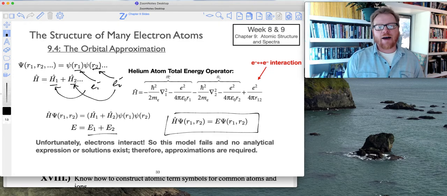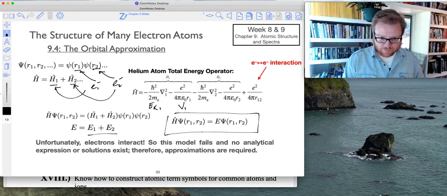Well, for electron number 1, we would have a kinetic term, so I'll abbreviate that by saying EK for electron 1. And then, of course, we've got a potential energy term for electron number 1.